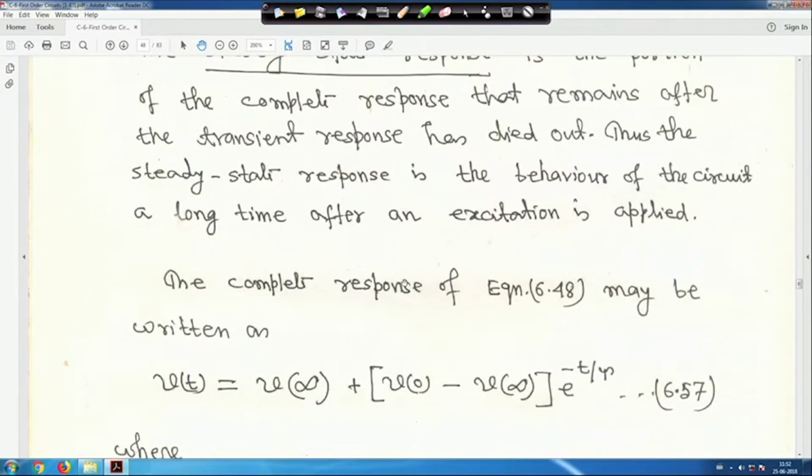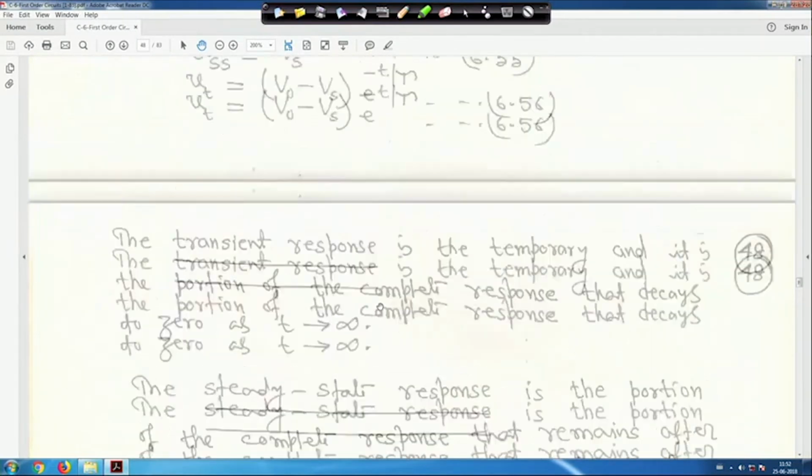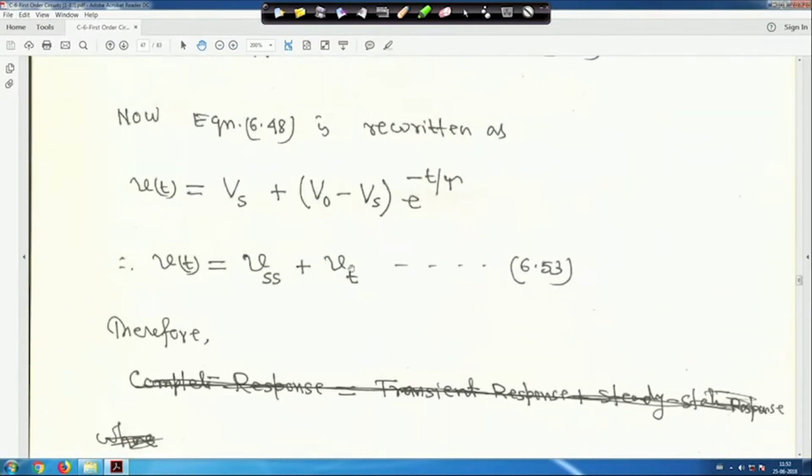So, the complete response of equation 48 may be written like this. If you look at this response, this is the thing you are obtaining at infinity, and this is your initial value.